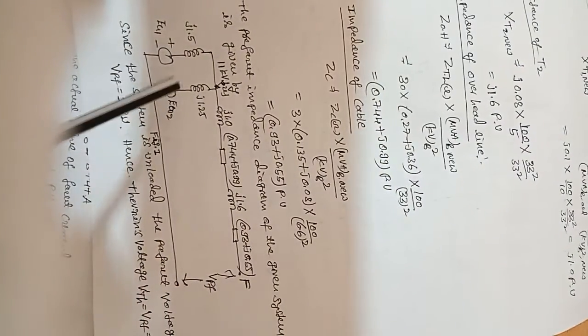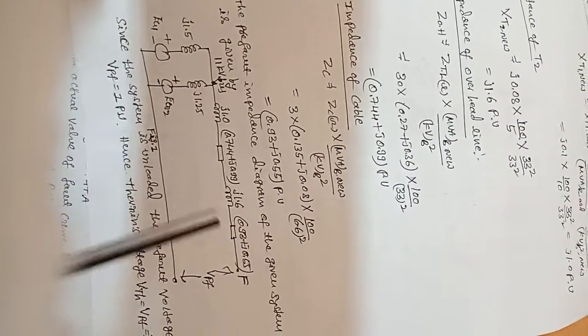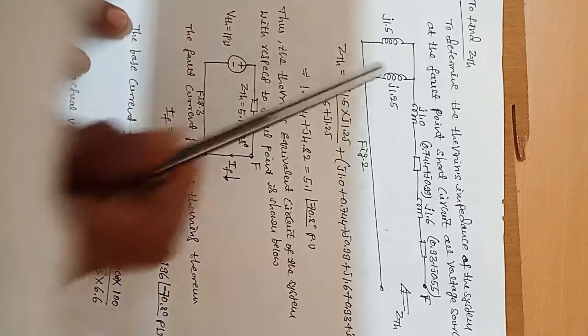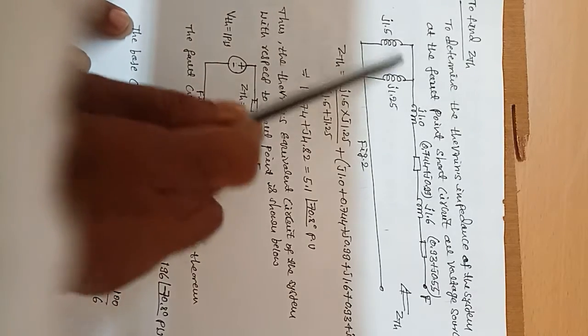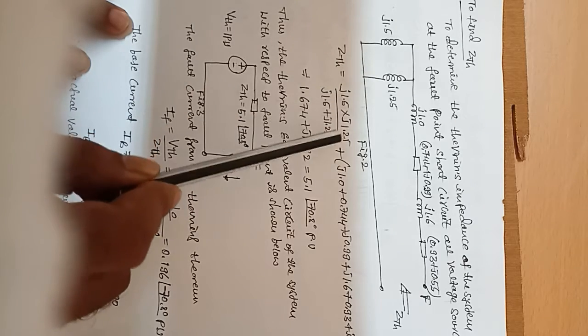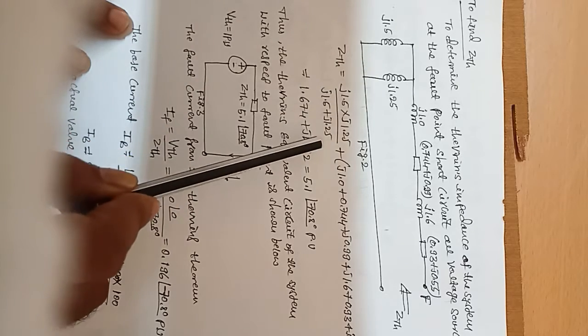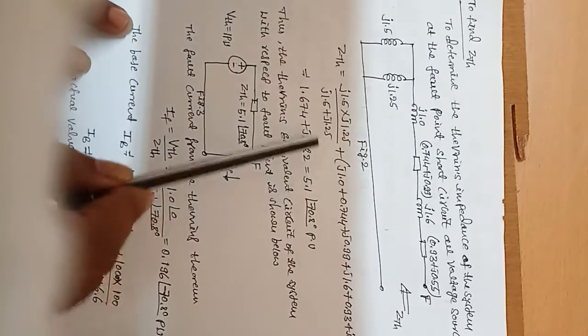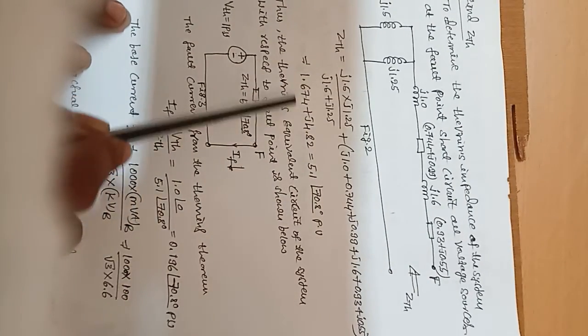I am removing these two voltage sources, so I get the remaining circuit. Same thing I have done here. So ZTH equals these two in parallel, j1.5 into j1.25 divided by (j1.5 plus j1.25), and the remaining are in series. Calculated, you will get this answer.